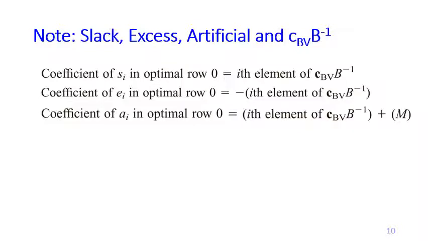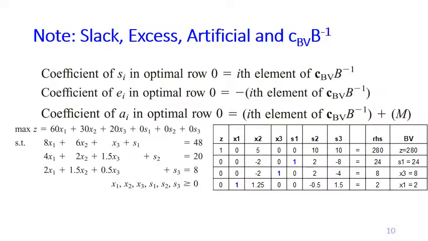Finally, I'd like to bring your attention to CBV B inverse. If you have computed CBV B inverse, it is quite useful for obtaining the coefficients of slack, excess, and artificial variables.